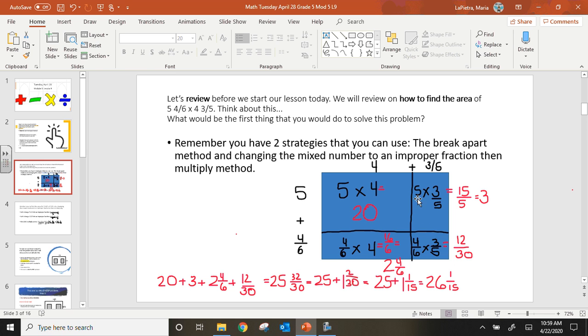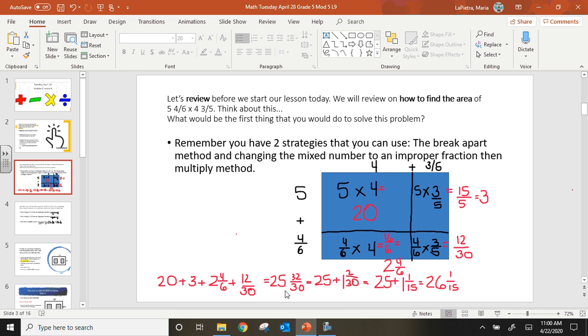So now I have my 4 products. I'm going to add them all together, remembering we can't add unless our denominators are all the same. So my whole numbers stay whole numbers, and I'm making my 2 and 4/6 and my 12 over 30.